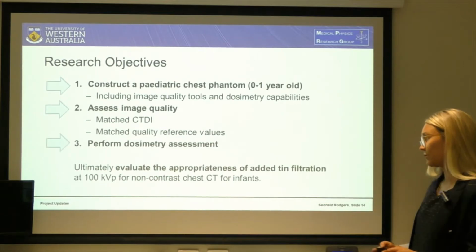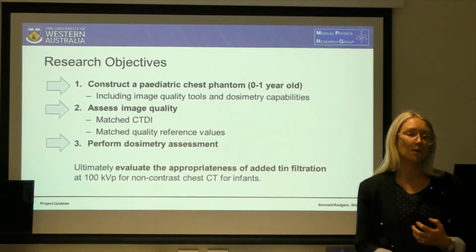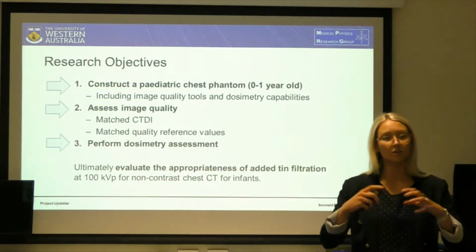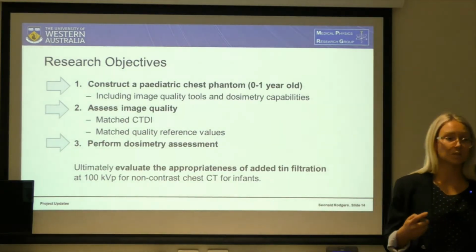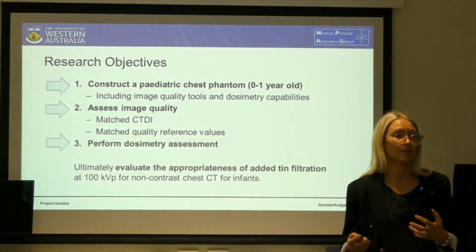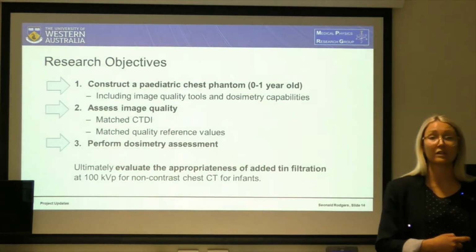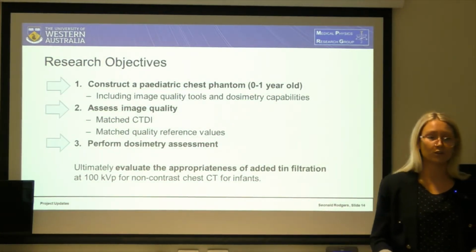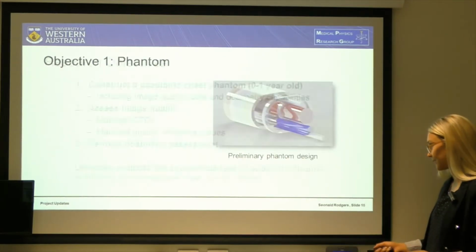My third objective was to use the phantom to perform comparative dosimetry assessments. Ultimately these 3 objectives would address the appropriateness of using the tin filter at 100 kVp as opposed to using a low kVp for non-contrast chest CT studies.